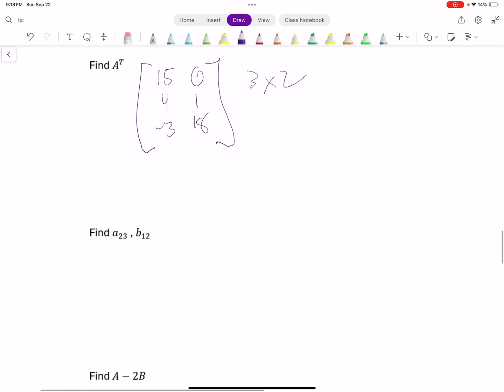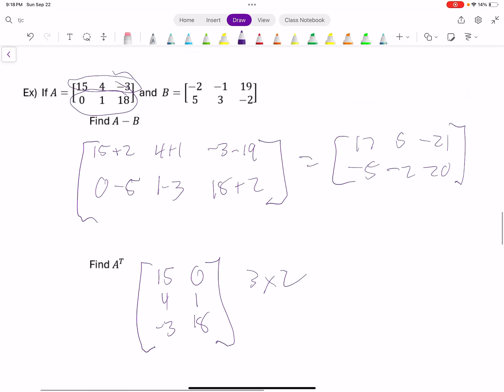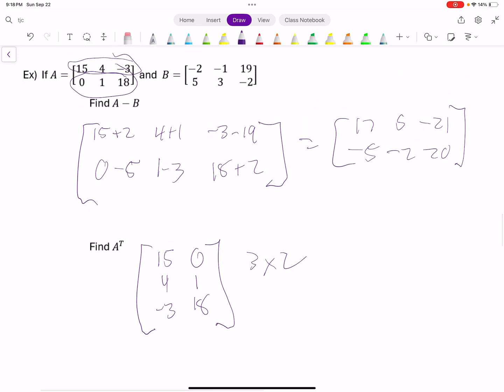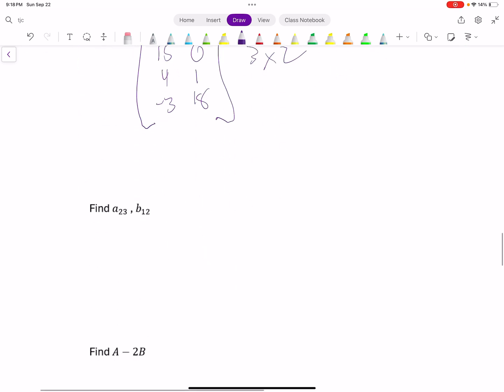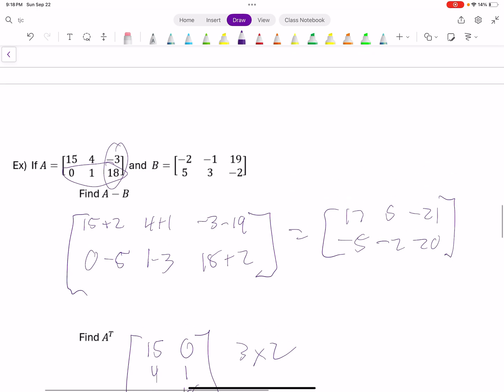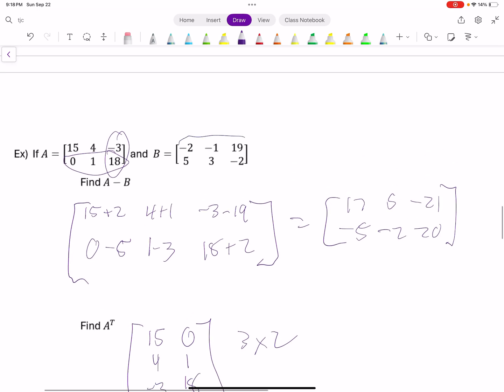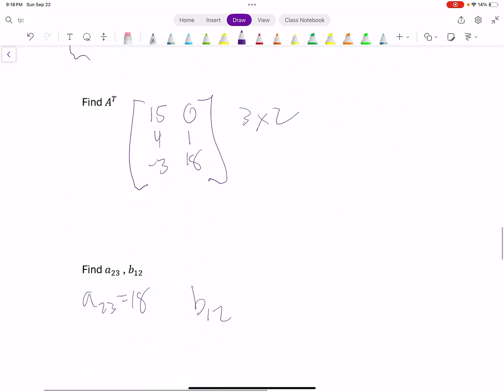Okay, find A23 and B23. So A23 is the second row and third column. So second row, third column, that's 18. So A23 is 18. What about B12? That's the first row and second column. So first row, second column, that's negative 1.